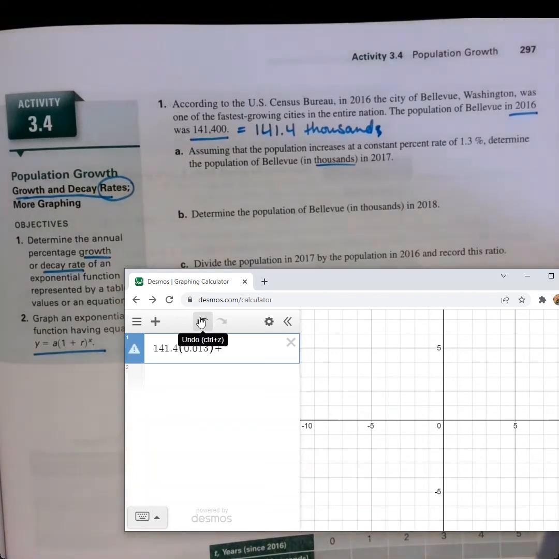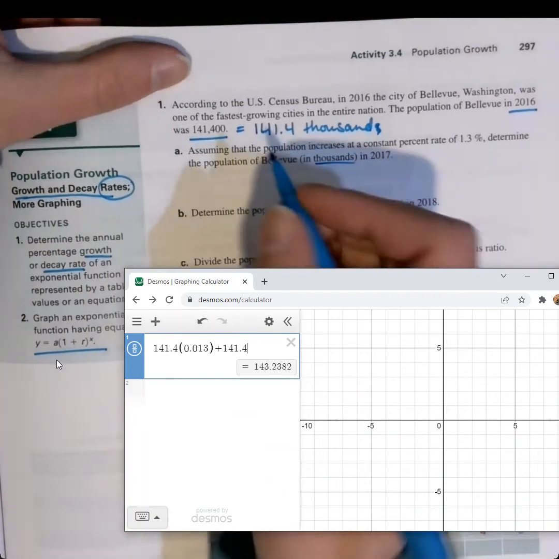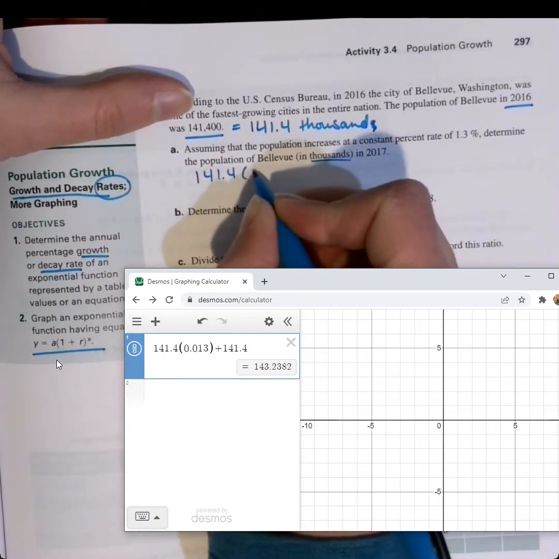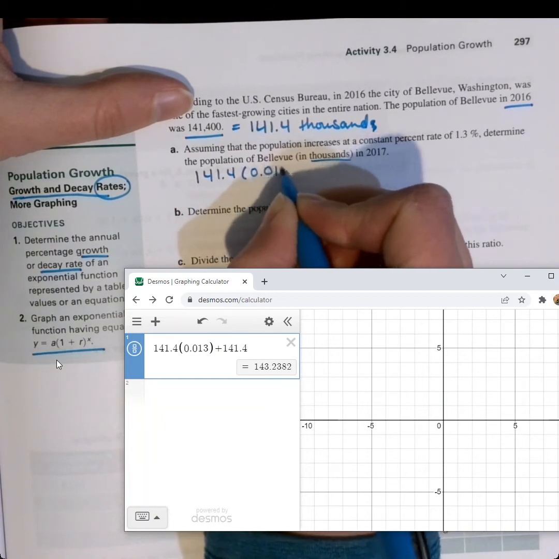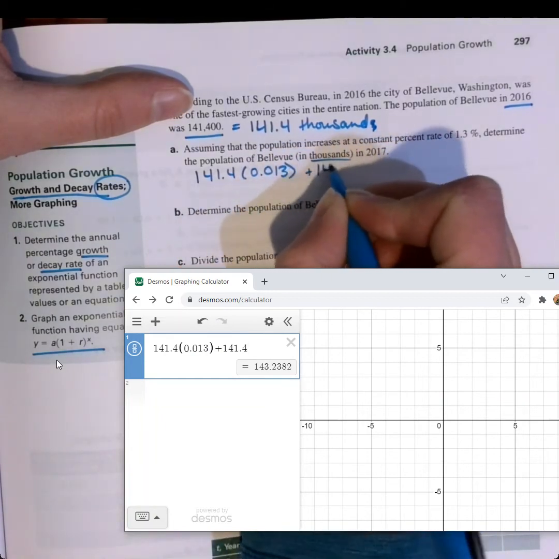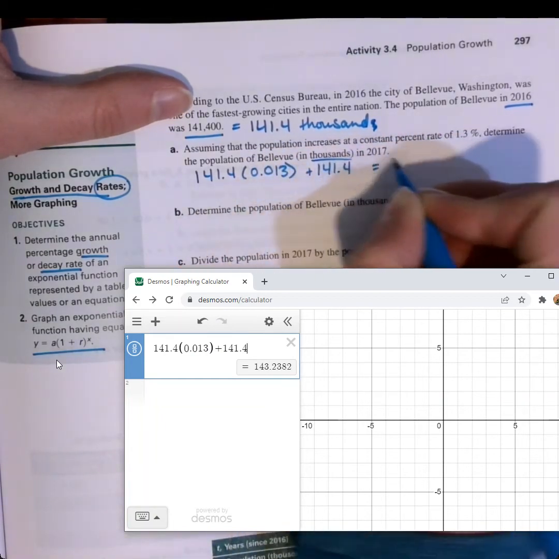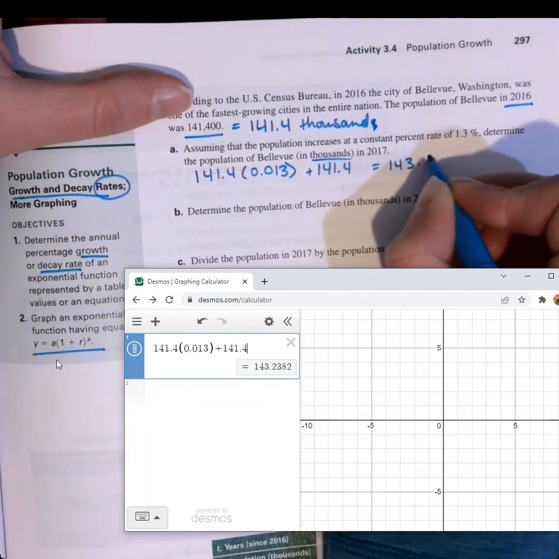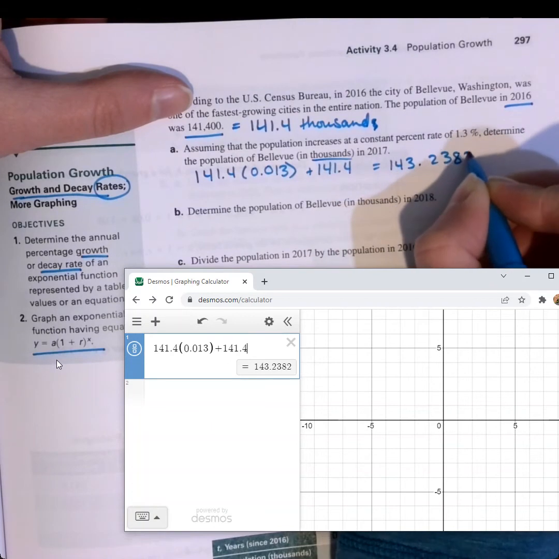If I add that to the 141.4 thousand, that means that in 2017, we have our 141.4 thousand times 0.013 plus the 141.4 thousand. It puts us at 143.2382 thousand.